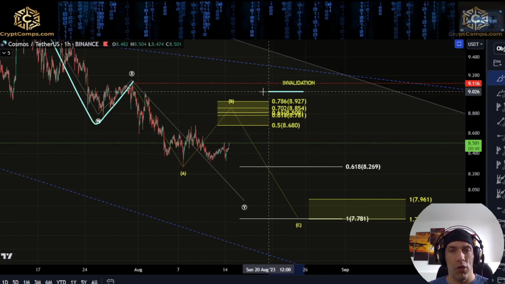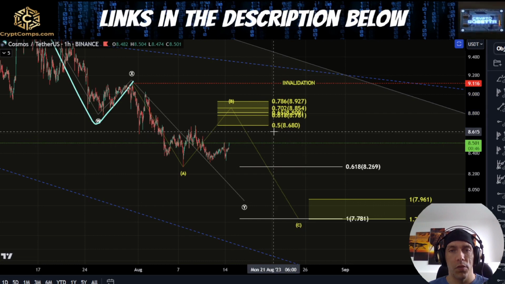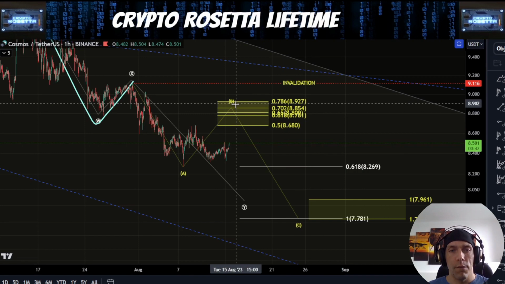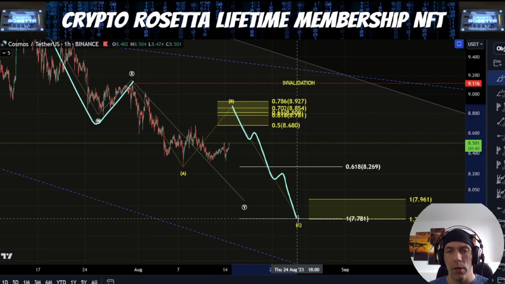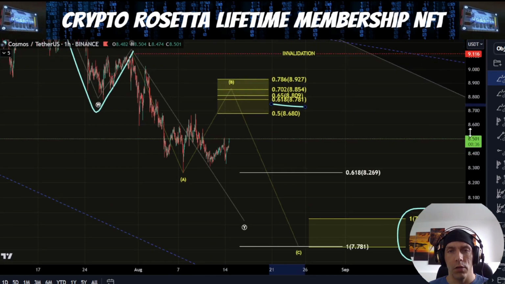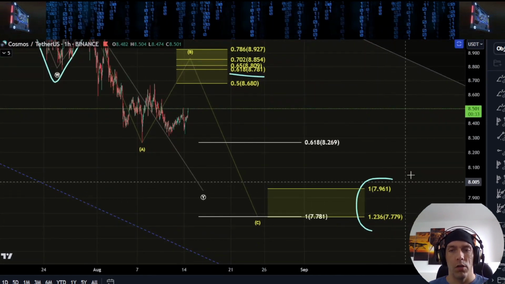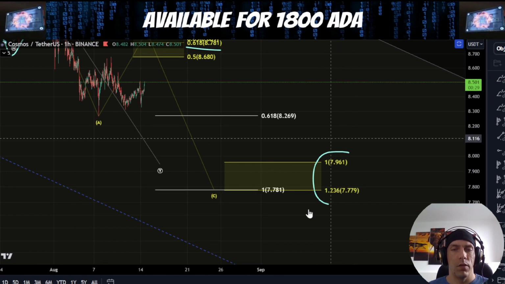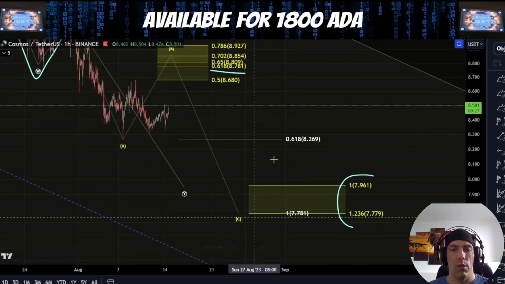Now if we do look to reject in this 786 to this 50%, which would be this $8.68 to this $8.92, effectively what we'd be looking for then would be a 5-wave move to the downside off that 0.618 here at this $8.78. This would bring us down here towards this zone of this 796 to this 777, which would be a common zone for a C wave target.